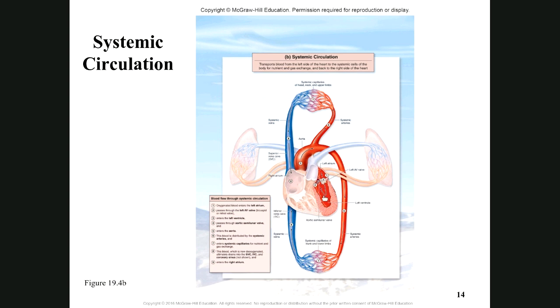By contraction of the left ventricle, the blood can go to the aorta. Before going to the aorta, it should pass the aortic semilunar valve. It goes through the aortic semilunar valve, then the ascending aorta, and then into the different branches of the aorta and goes to all parts of our body.